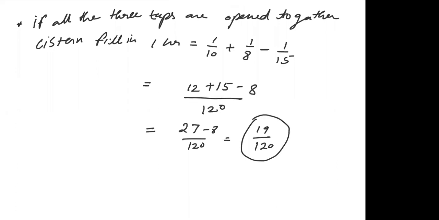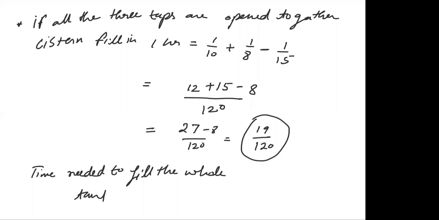So how much time will they take to fill the whole tank? Time needed to fill the whole tank. Tell me, if they are filling 19 upon 120 of the tank in 1 hour, then the time required to fill the whole tank, just reciprocate the fraction: 120 upon 19.